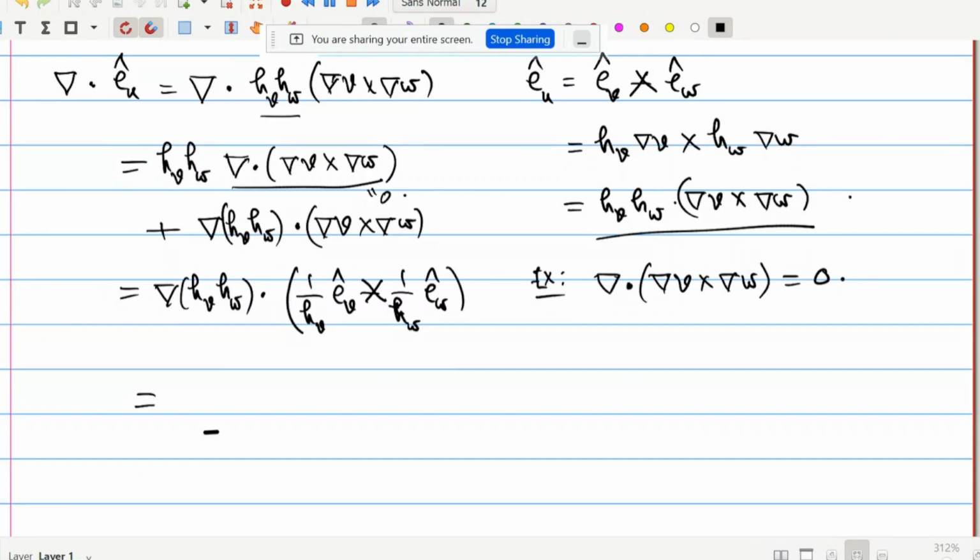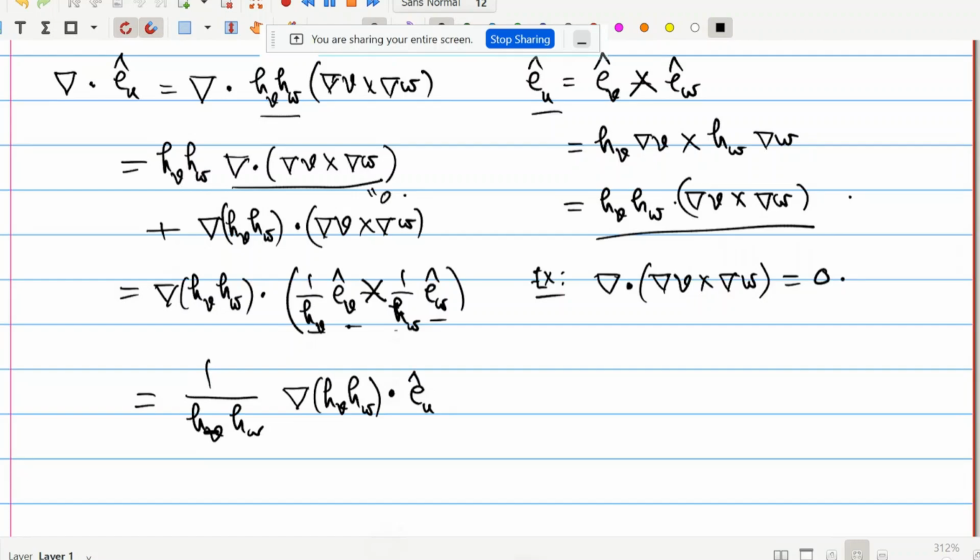So 1 by HVHW comes out, and you end up getting the gradient of HVHW dot product with EV cross EW, which is EU, right? So simply EU.